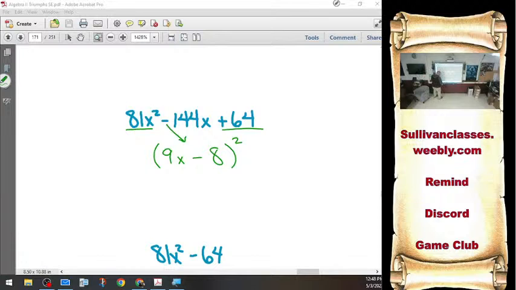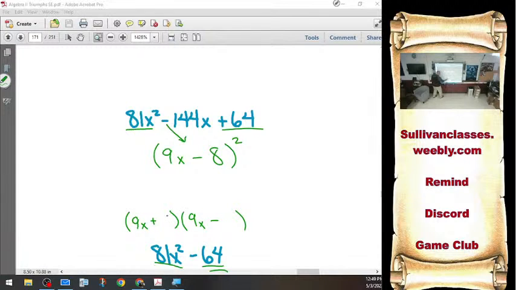Same thing here. Are A and C perfect squares? Do I have a middle term? See how there's no something x in the middle? That means it's going to be a plus minus pair. Conjugates. Square root of this guy, 9x.